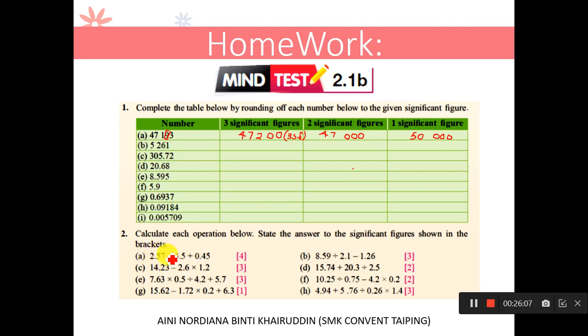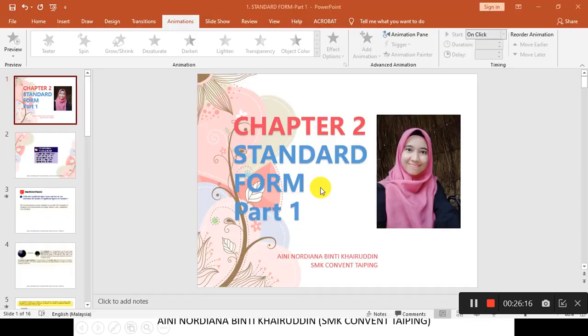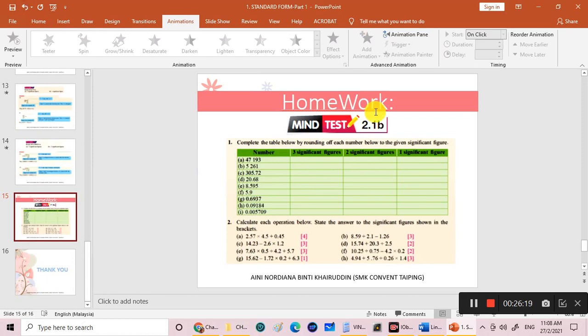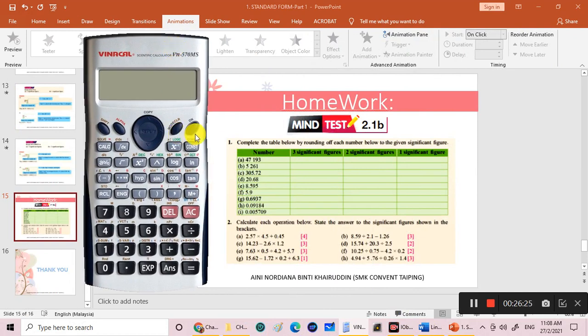Then the answer, the product, you have to plus with 0.75. So I give you an example by using calculator. You have to calculate by your own, but here I show you using calculator.